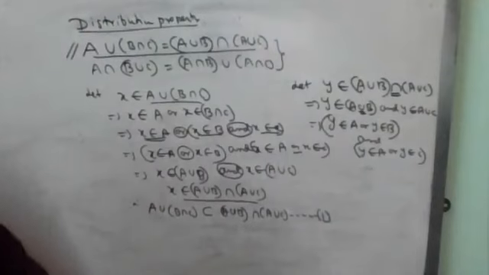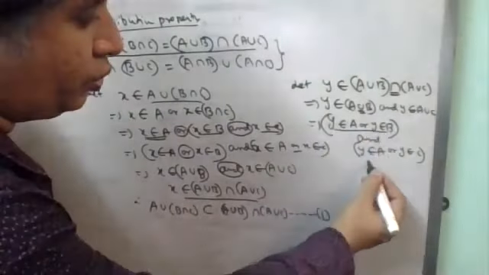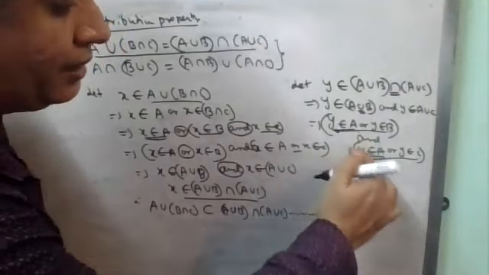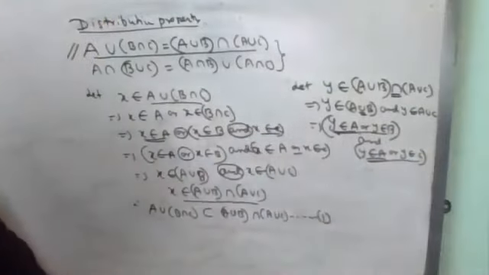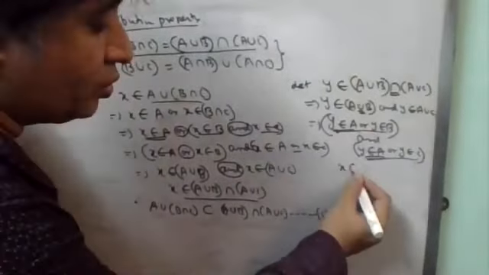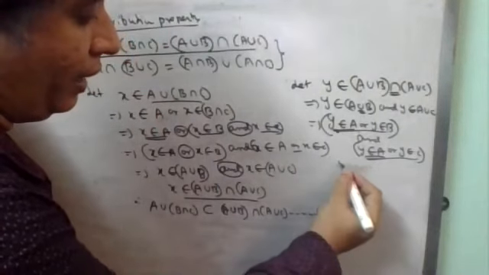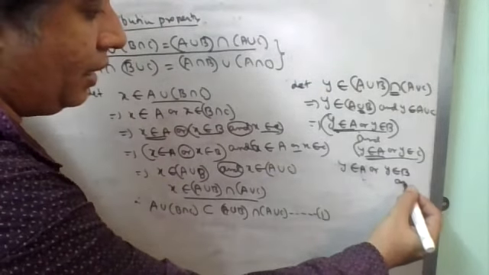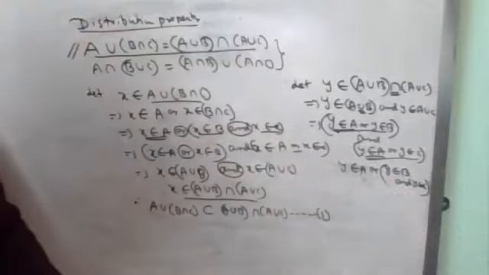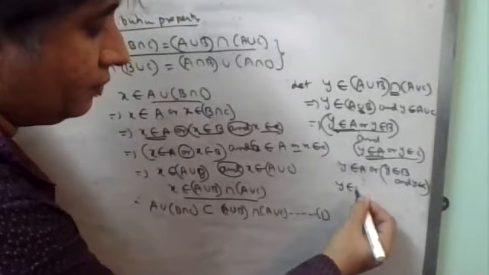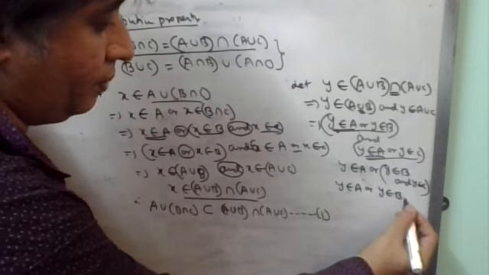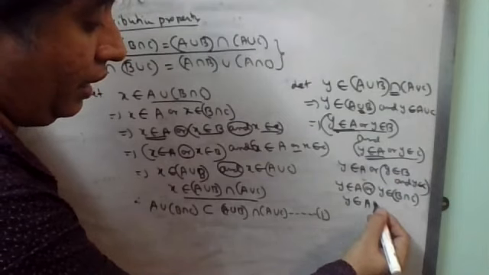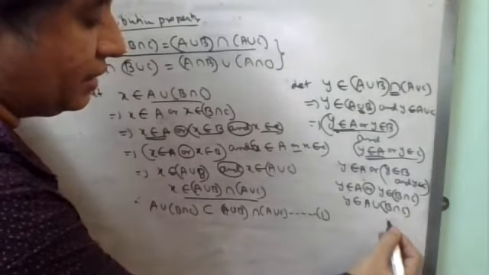So from this, what conclusion can I draw? That in these two, Y belongs to A is the common part. Y belongs to A is related to both B and C. So Y belongs to A or Y belongs to B and Y belongs to C. Now AND means intersection, B intersection C. Now OR means union, A union (B intersection C).